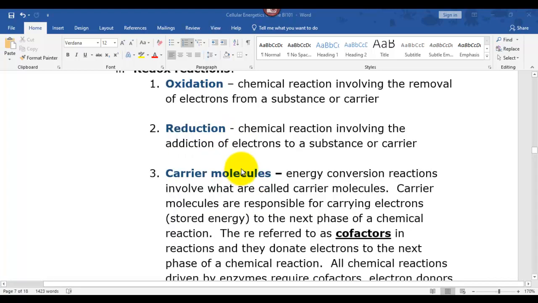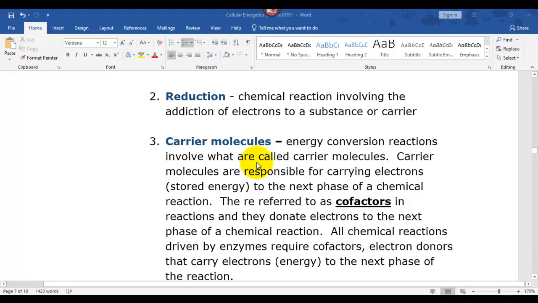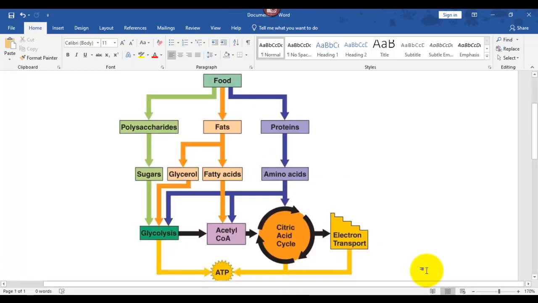Carrier molecules. Now, we're going to cover 3 of these. They're called cofactors. I did this so that we wouldn't have to be bouncing back and forth, going up and down on the outline. But this diagram that I like so much, here's food being broken down and being put into the system to produce ATP. There has to be a mechanism to carry the energy produced here, and it's called potential energy, stored energy.